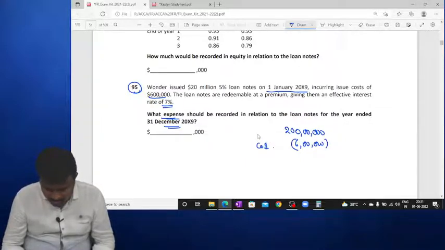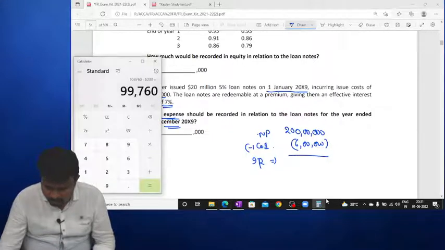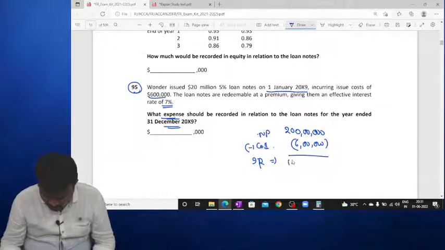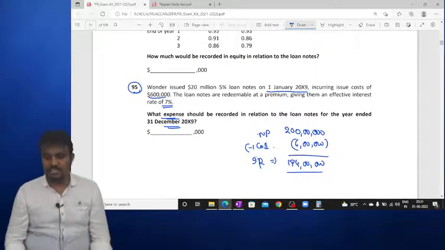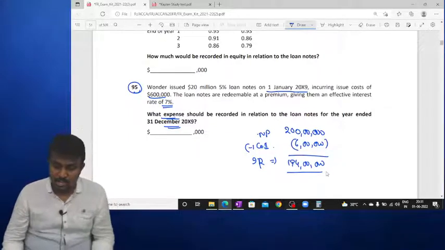This is the issue price, net proceeds minus cost of issue. This is the initial recognition amount, the fair value. 200 minus 6 is 194 lakhs. Interest expense is always calculated on the initial recognition.